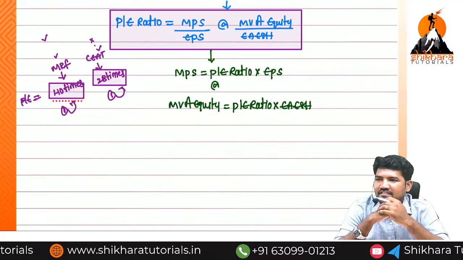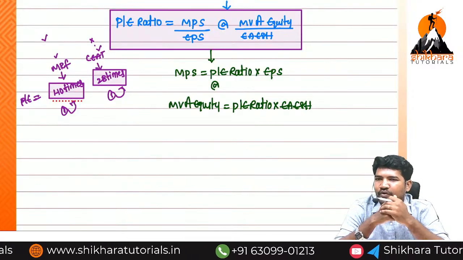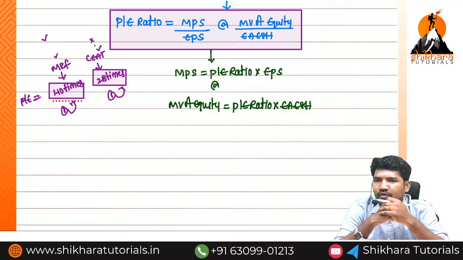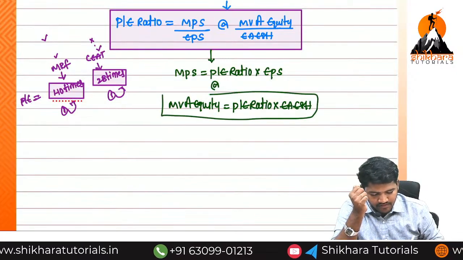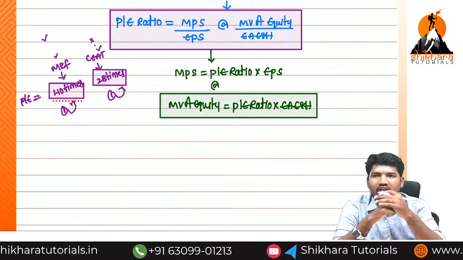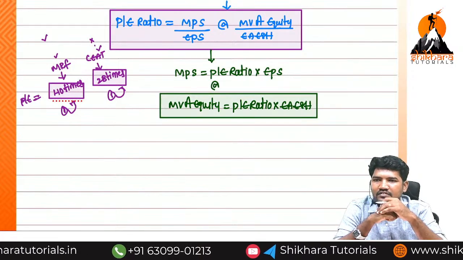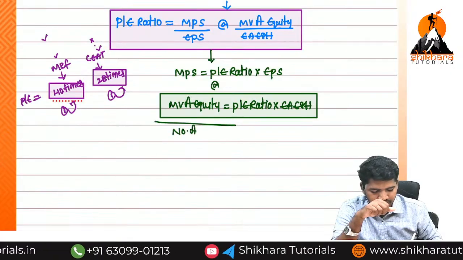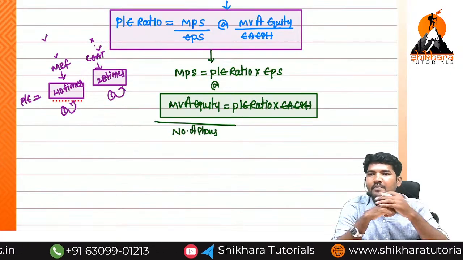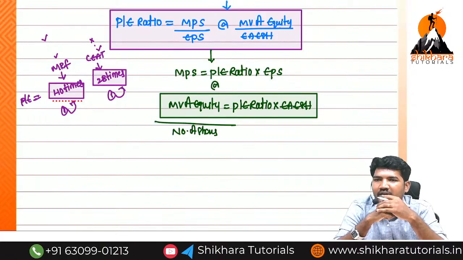Guys, clear? So we can say the total point of view as well as the per unit point of view. Sir, can I convert this total into MPS? Divided by number of shares. What will you get? MPS.